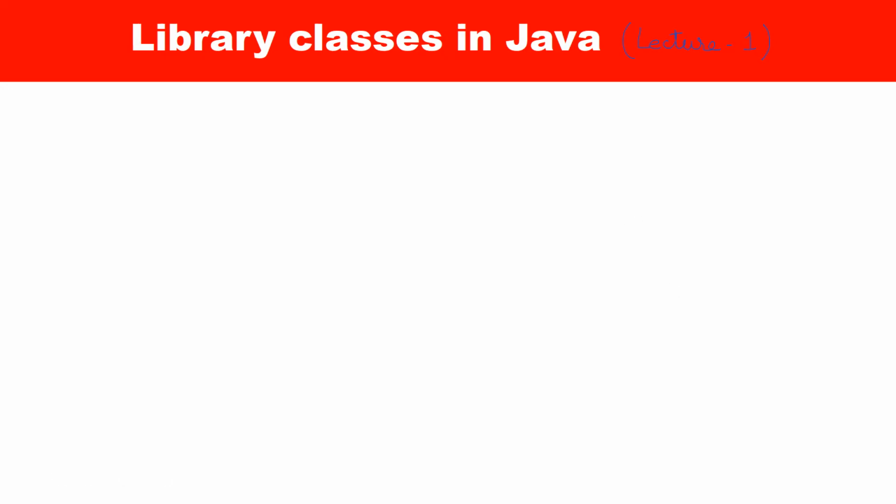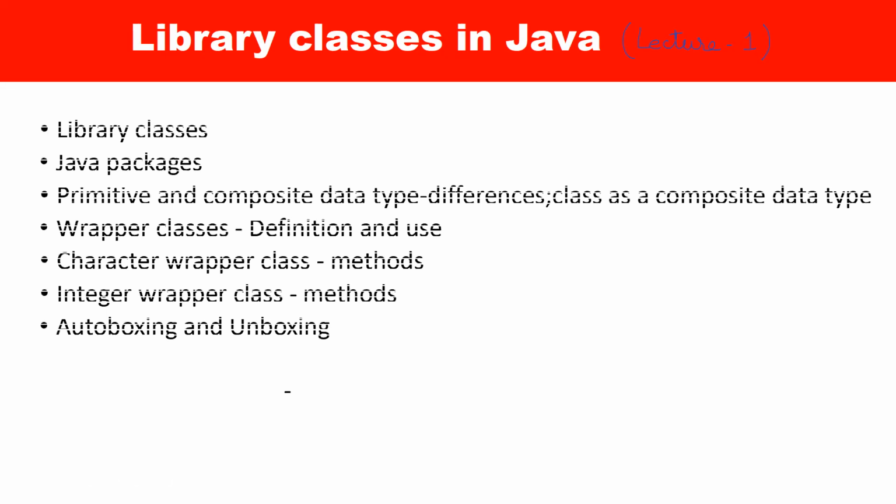So the content of this lesson are, we are going to learn about the library classes, the Java packages, the difference between primitive and composite data types, which was also discussed in previous chapters, and you are already familiar with all the primitive data types and also some of the composite data types. And then we will be discussing the wrapper classes provided by Java.